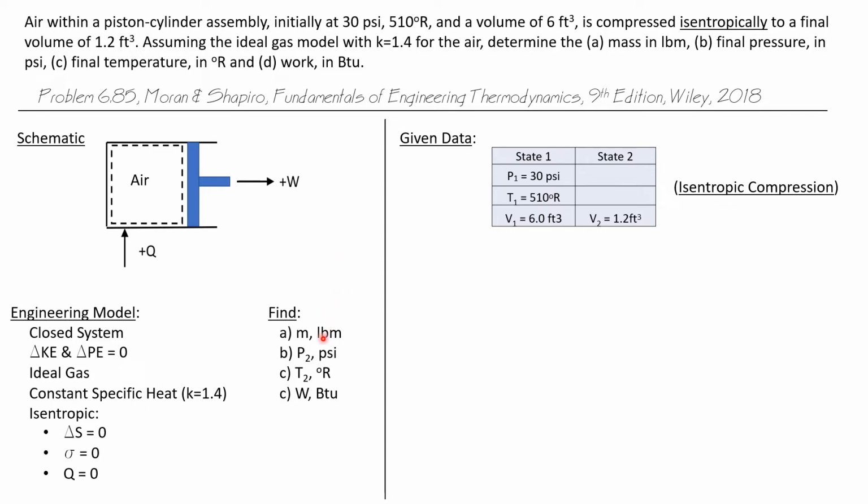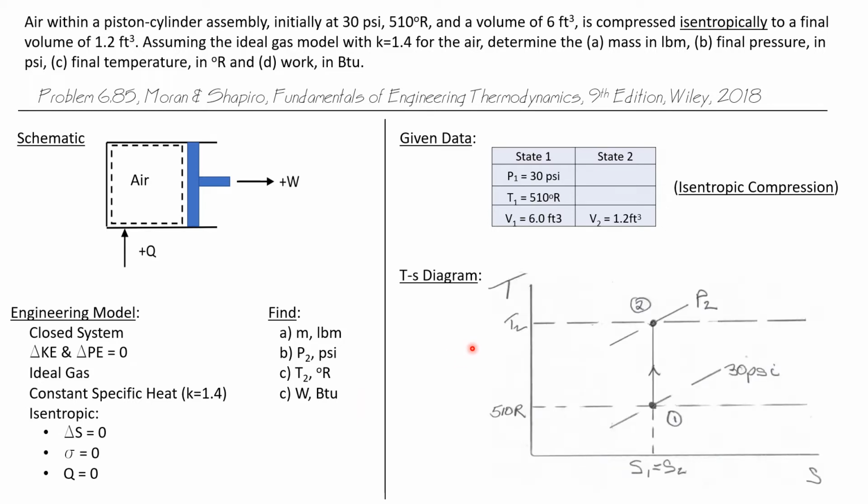We want to find the mass in pound mass, the final pressure in psi, the final temperature in degrees R, and the work performed during the process. Let's draw this process on a T-S diagram. State 1 has a temperature of 510 degrees R and a pressure of 30 psi. So I'm going to plot it where those 2 lines cross, and it has some specific entropy.